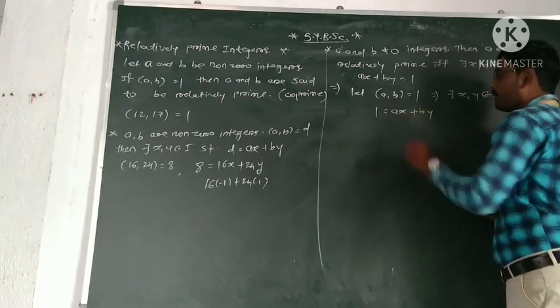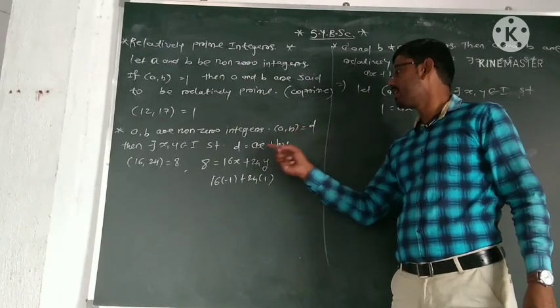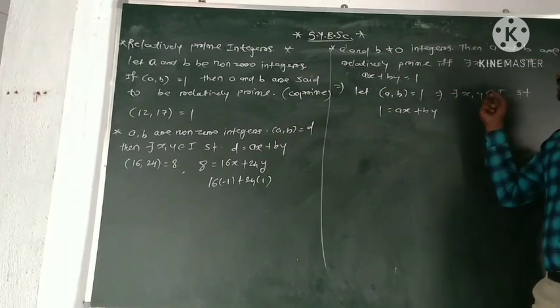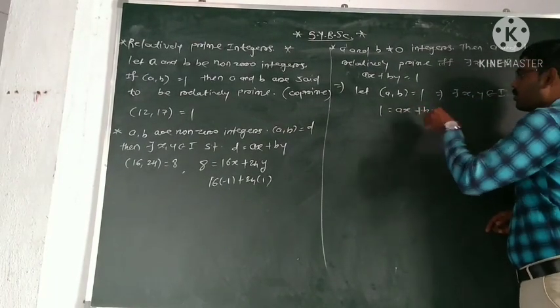So one part is very simple. We already said that if GCD is d, then d can be written as ax plus by. Such x and y exist. Here d is 1, so we can find x and y such that 1 is equal to ax plus by.